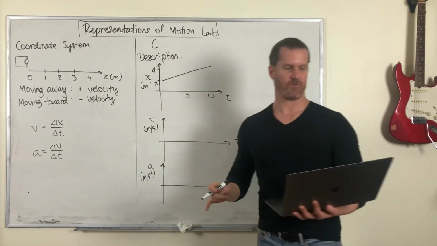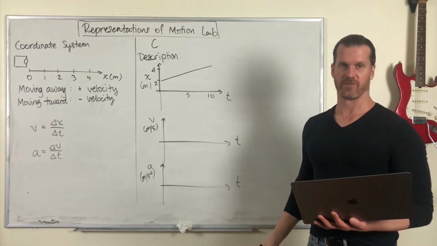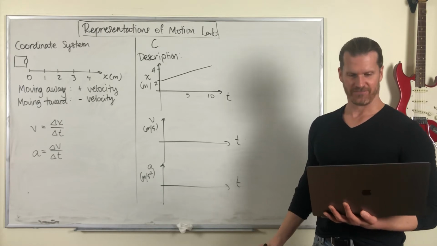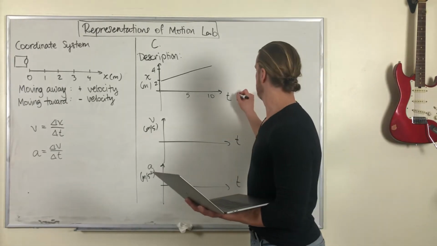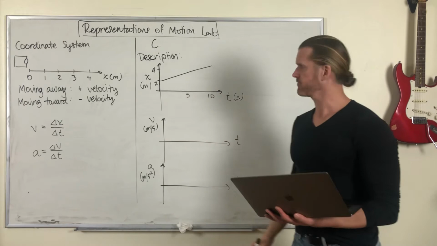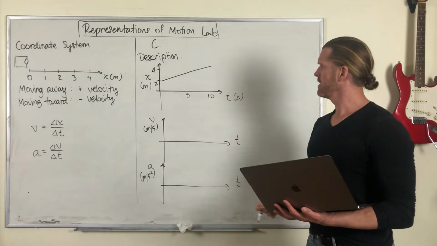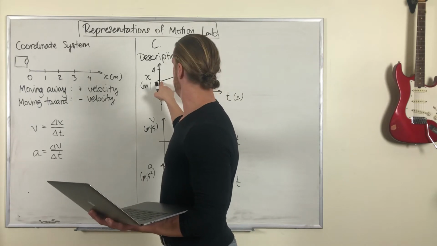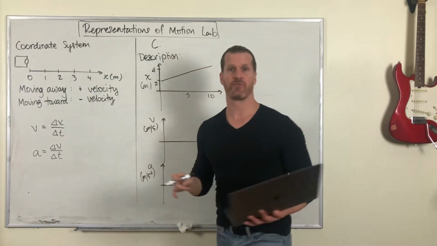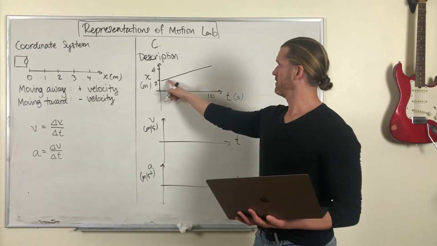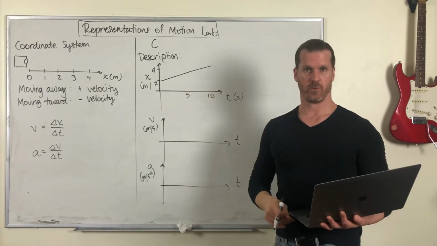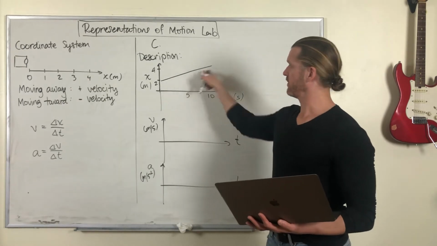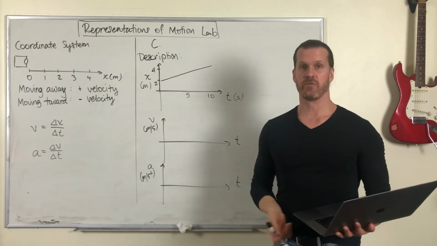These graphs are very roughly labeled. It's okay if we don't get these numerical values exactly correct. Those are seconds. Okay, so what's happening here? Well, we start 2 meters away from the motion sensor, and then we move away from it. And you can tell that because this line is straight, we must be moving at a constant speed.